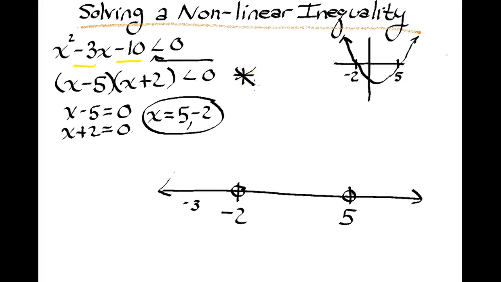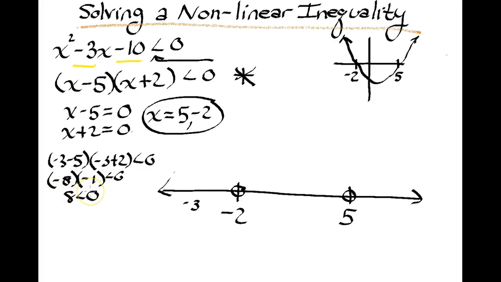So if I plug in a -3, I get (-3 minus 5) times (-3 plus 2) is less than 0. -3 minus 5 is -8. -3 plus 2 is -1. If I multiply these, I get 8 is less than 0. 8 is not less than 0, so I'm going to mark this section as false.